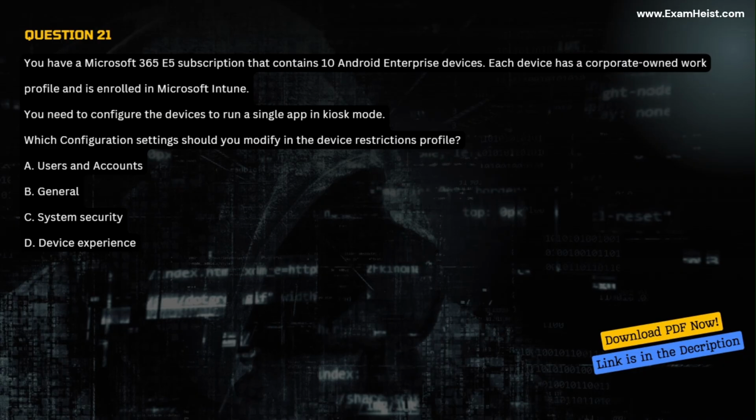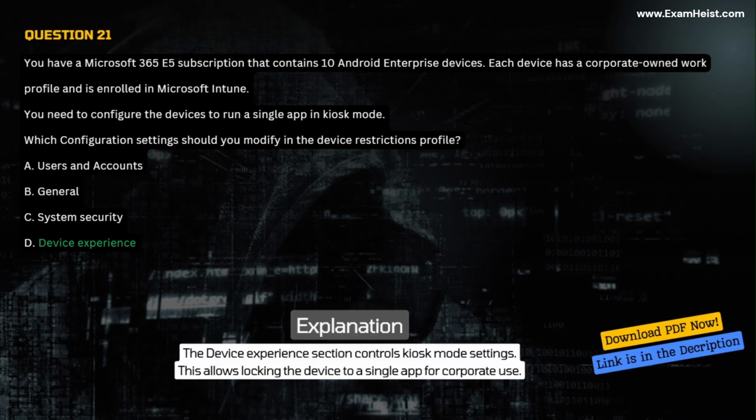A. Users and accounts. B. General. C. System security. D. Device experience. Correct answer: D. Device experience. Explanation: The Device experience section controls kiosk mode settings. This allows locking the device to a single app for corporate use.